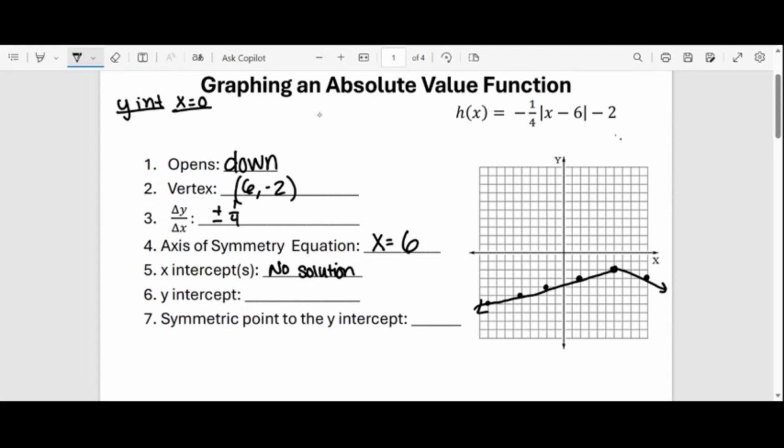So what I'm going to do is I'm going to say y equals -1/4 times the absolute value of 0 minus 6, minus 2. So again, I plugged in 0 for x because I'm trying to find my y-intercept. You have to do what's inside of your absolute value bars first. So inside of our absolute value bars is 0 minus 6, which is just -6.